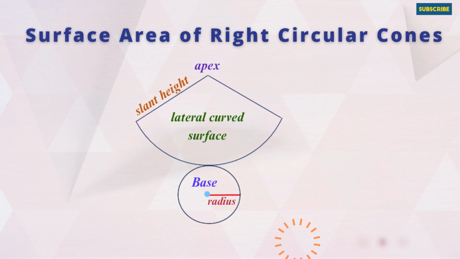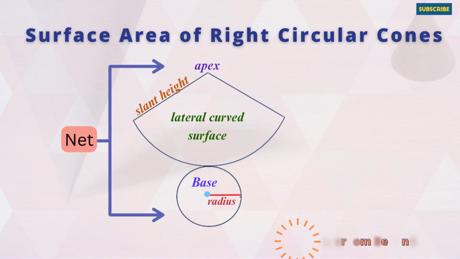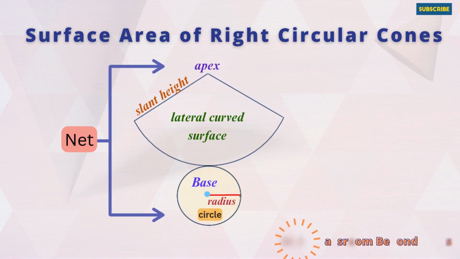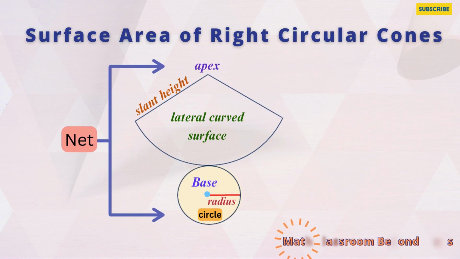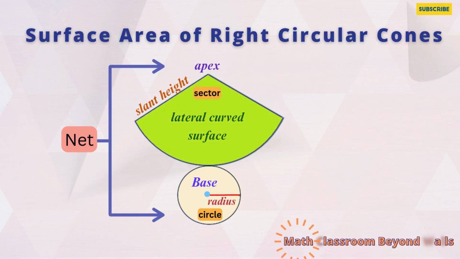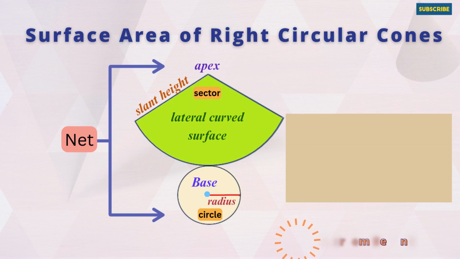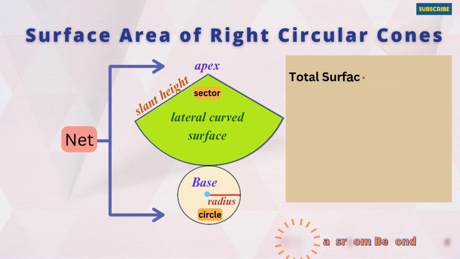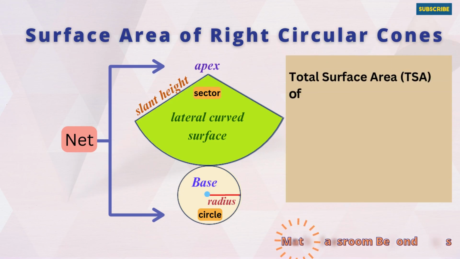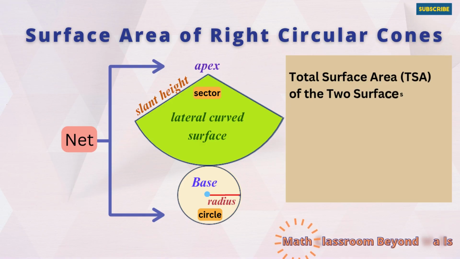Opening the box gives us this net consisting of two surfaces, a circle, the base of the cone, and a sector of a circle, the lateral curved surface of the cone. The area of the two surfaces, the circle and the sector, gives us the total surface area, TSA, of the two surfaces or the net.